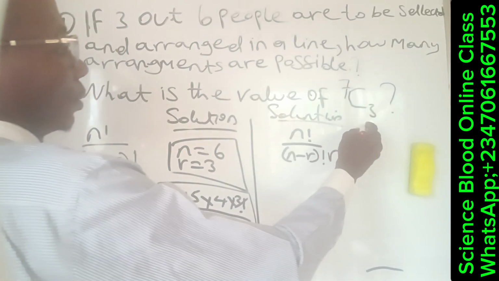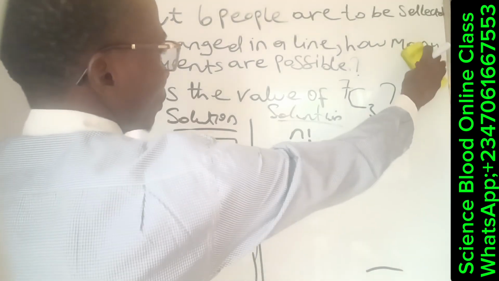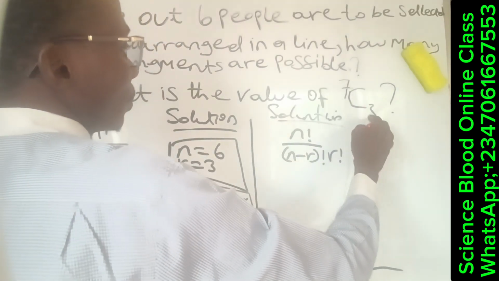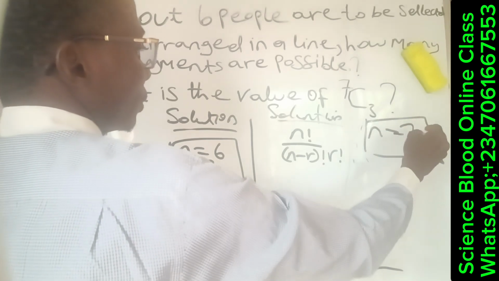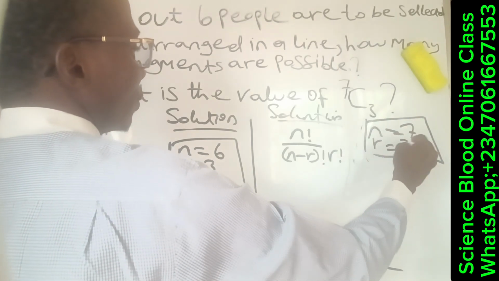Now from our values, our n here is 7, while our r here is 3.